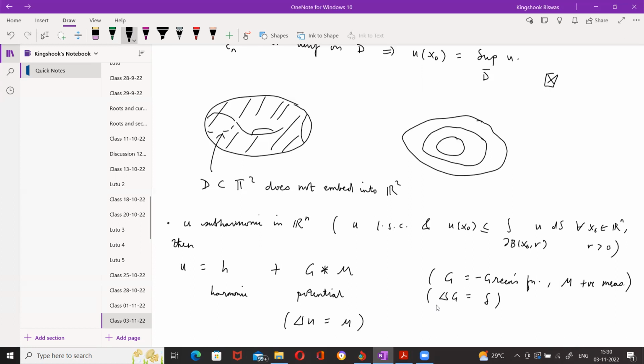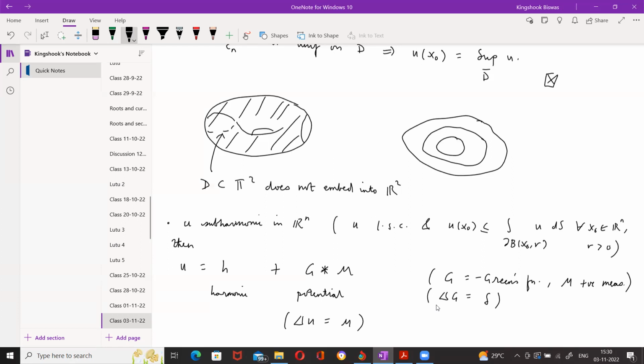So you can see this part is not going to be smooth in general, this G convolved with a measure, because G has a singularity at the origin. You won't get anything smooth in general. That's why I was asking this question, because you said there is a problem in the second part of the proof.